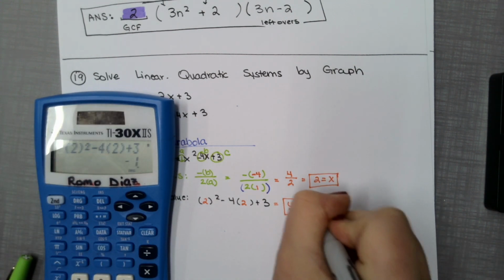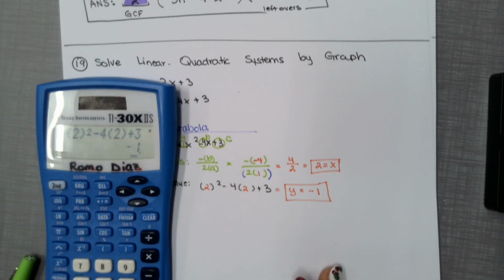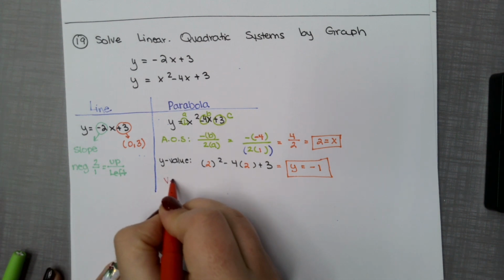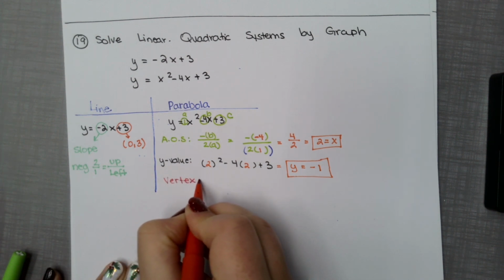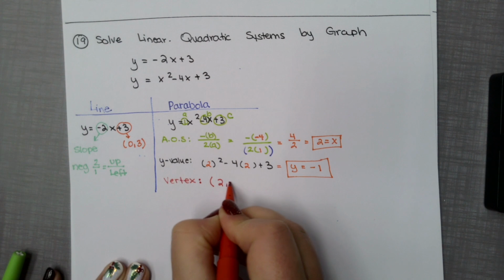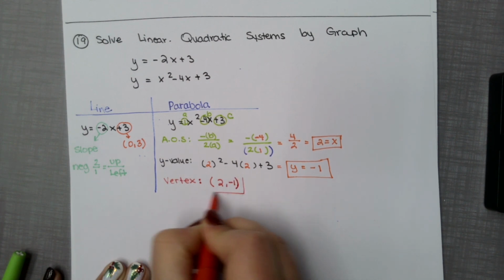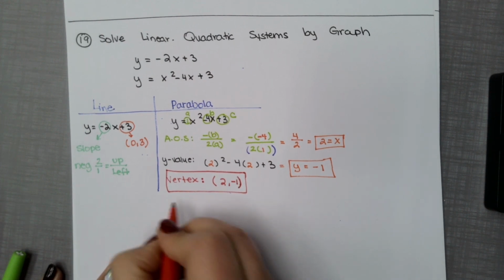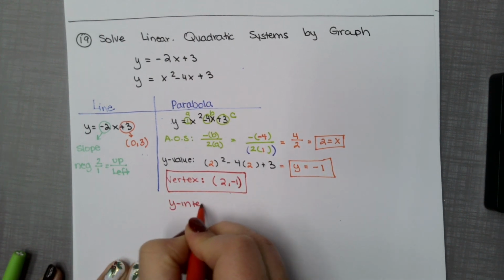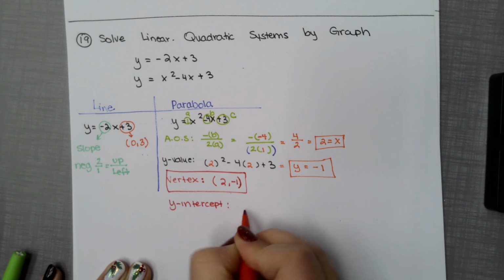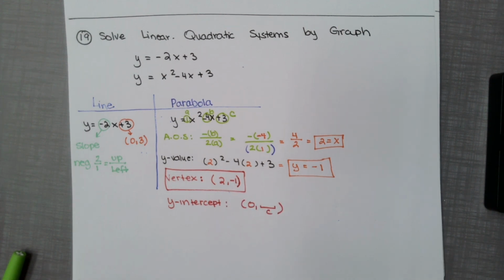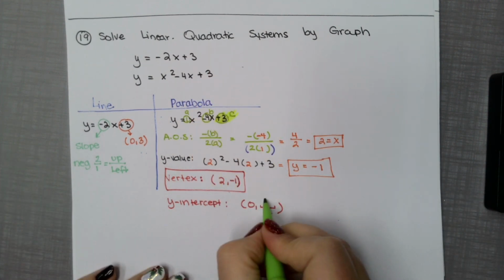We get negative 1. So that means we have a vertex of 2, negative 1. We have a y-intercept of 0, c, and our c value is the constant in our equation. So in this case, it's just 3.